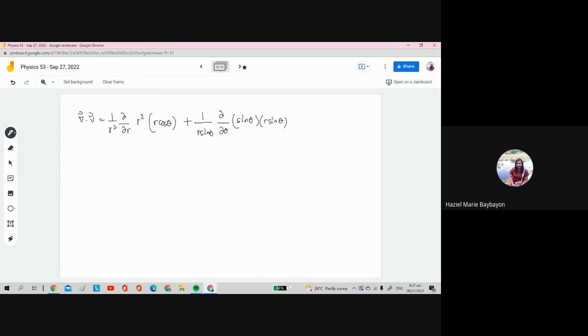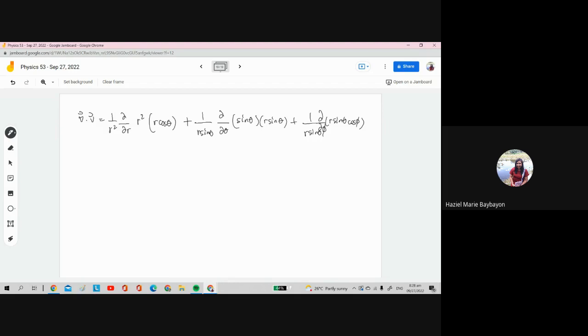And then lastly, 1 over r sine theta, your v_phi, which is r sine theta cosine phi. Ah, we forgot the partial derivative with respect to phi.